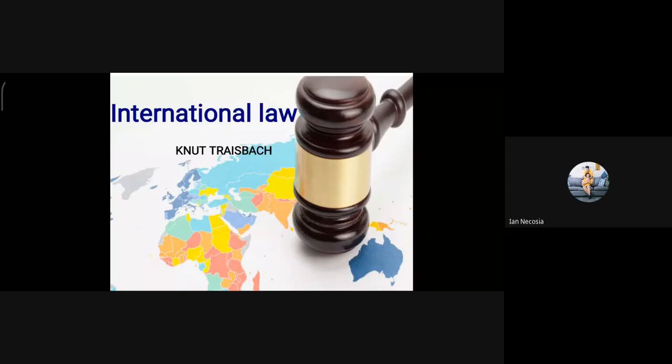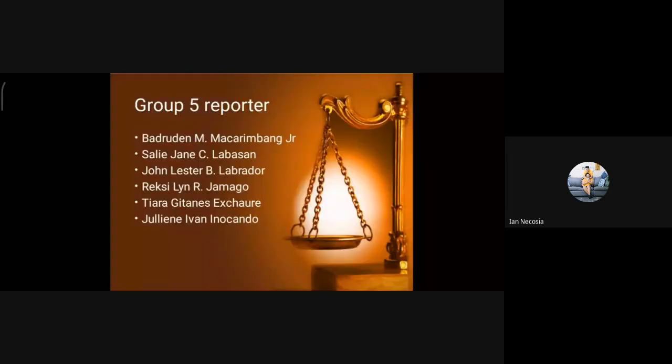Isa sa pinakadako nga na-contribute sa international law is ang pagless sa paggamit sa nuclear bomb. Murag kalimot ko sa convention nga nahitabo na sir, pero murag na convention nga di ga pwede gamiton sa war ang atomic bomb sir.